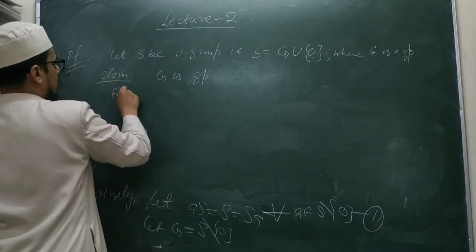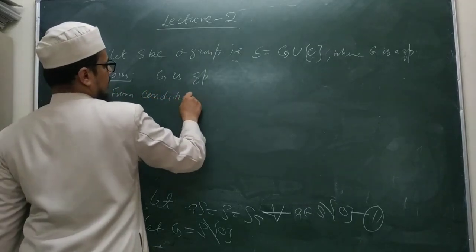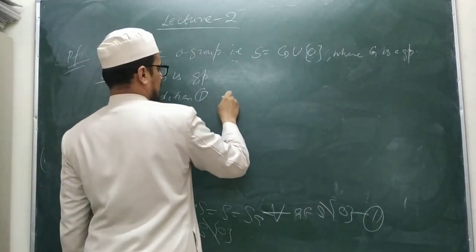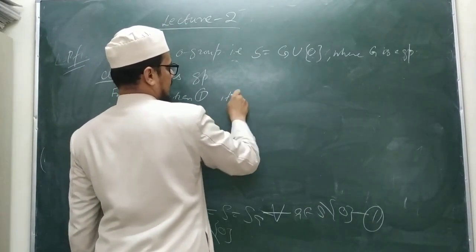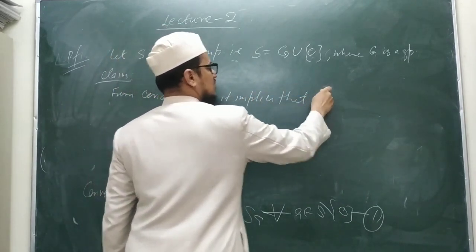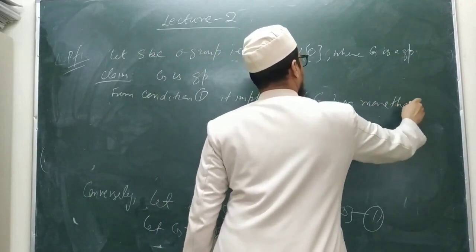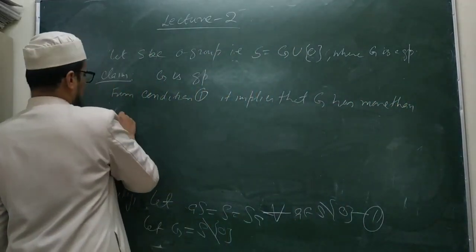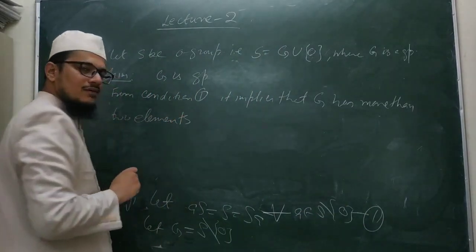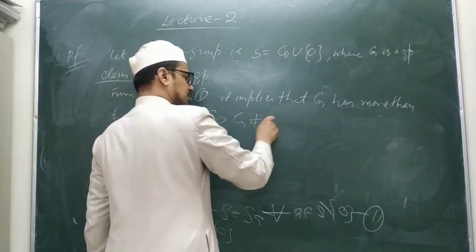From condition 1, it implies that G has more than two elements. So G is a non-empty set.